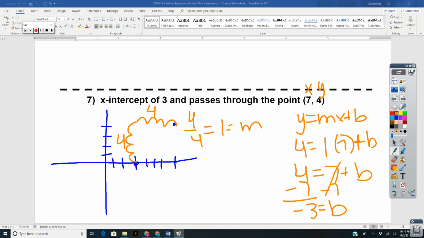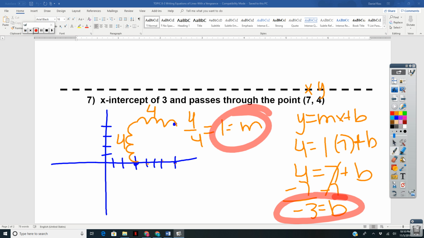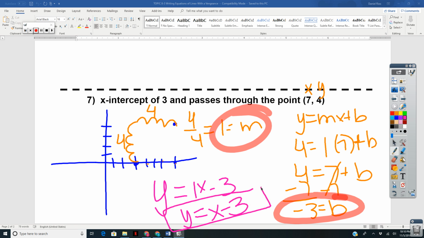So I'm pretty much done with my equation because I have this and I have this. That's all I need. So my equation is y equals 1x minus 3, or just y equals x minus 3. Same thing. This one's more mathematically correct.